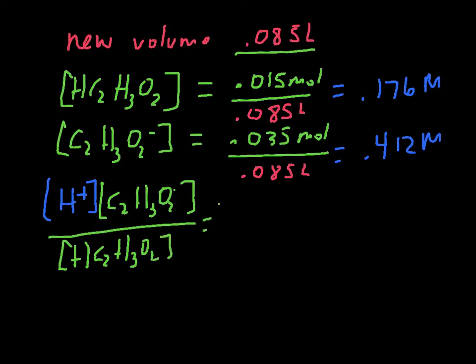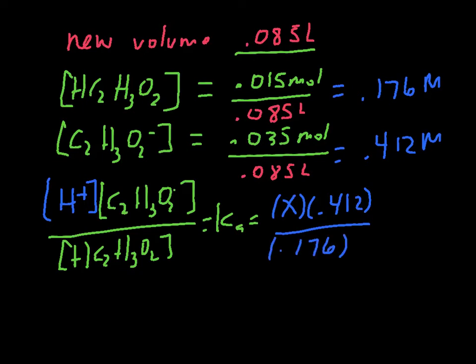That whole amount is going to equal the Ka, which means it'll be X times 0.412 divided by 0.176 equaling 1.8, same Ka, 10 to the minus 5.